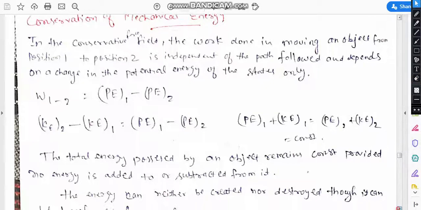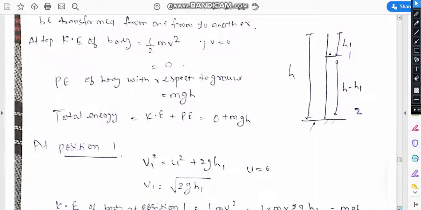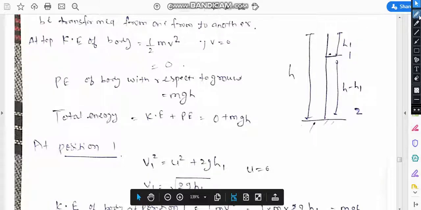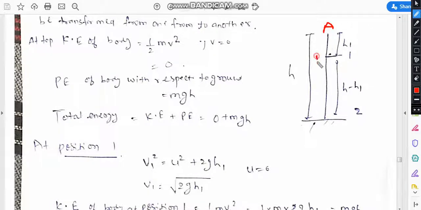The simple thing is that, let's suppose there is a simple problem like this. Here this is position A, this is position B, and this is position C, where the total height is h, this height is h1, and this height is h minus h1, and this is the second point. This is the ground.